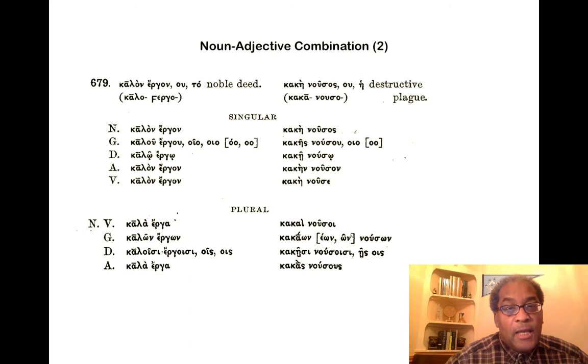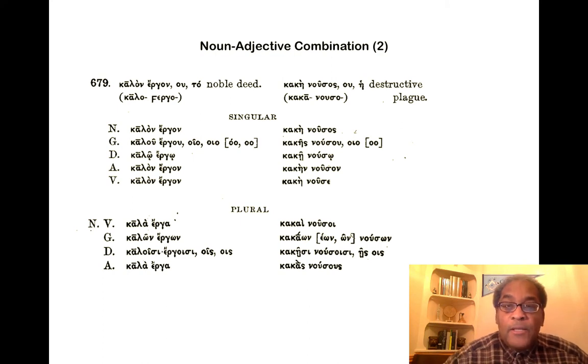So you get kalon ergon, kalou ergou, kaloi ergoi, kalon ergon, kalon ergon, o kalon ergon. Okay, o noble deed. Kala erga, kalon ergon, kaloisi ergoisi, kala erga.